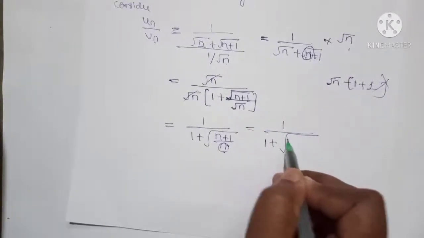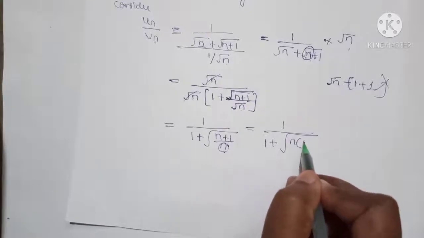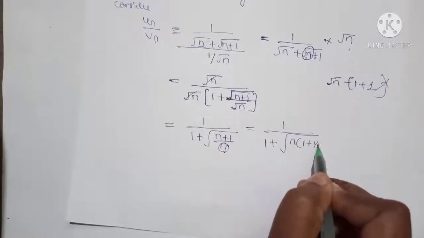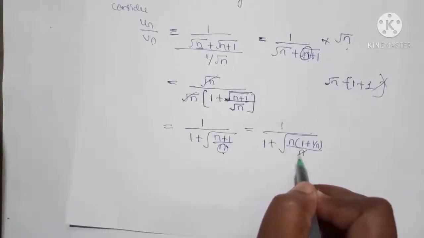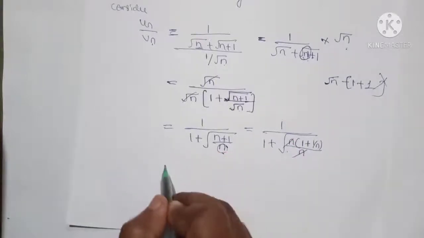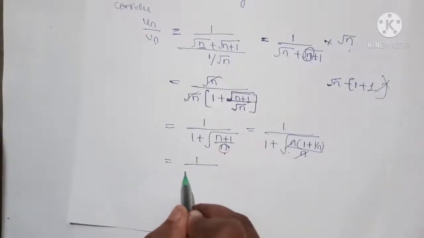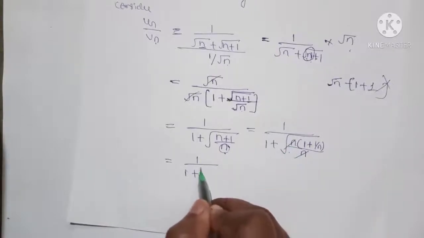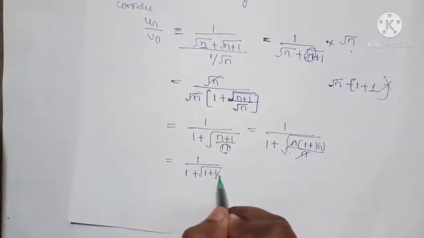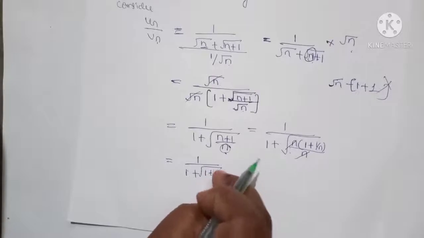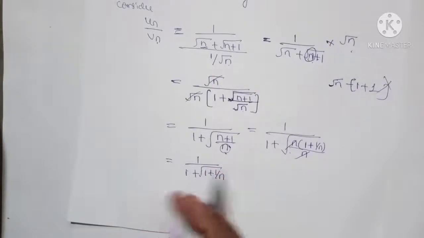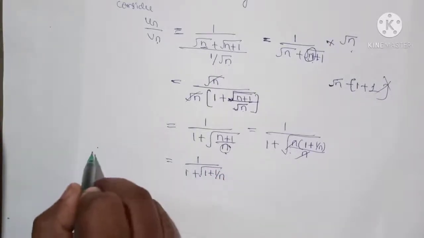In the root itself we take n common, it becomes 1 plus 1 by n. The denominator n is there, n cancels. So then we get 1 divided by 1 plus root of 1 plus 1 by n. So only one term of n is there, which is of the form 1 by n. Now we can easily apply the limit here.